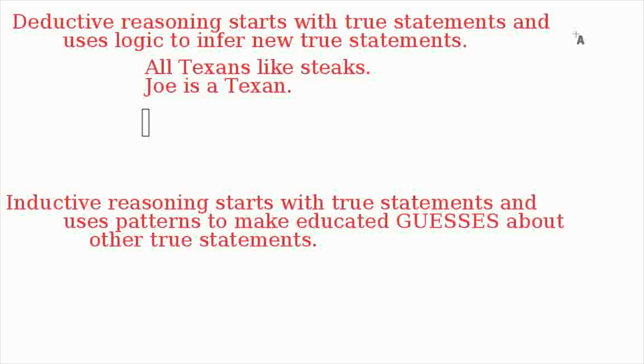Now, using logic, using common sense, we can see that if Joe is a Texan, that means we can infer that Joe likes steak. You see how I made a third true statement from that? Because the first two were true, and because we used safe logic to get the third one, we know that the last one is also true.